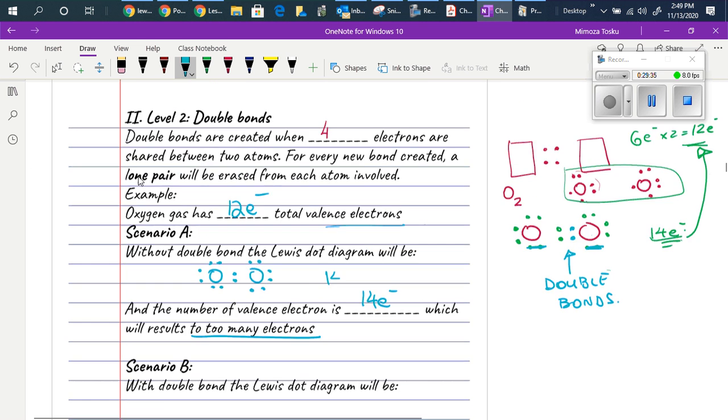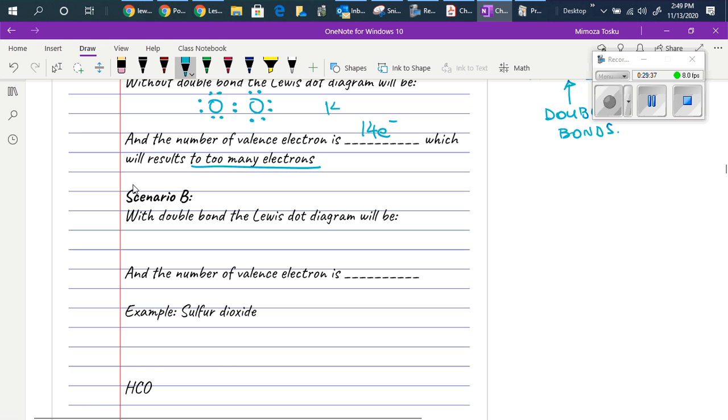We cannot add electrons just because. So when we erase 2 of those electrons and place them as the double bond, we will have 1, 2, 3, 4, 1, 2, 3, 4, and the correct number of electrons available.